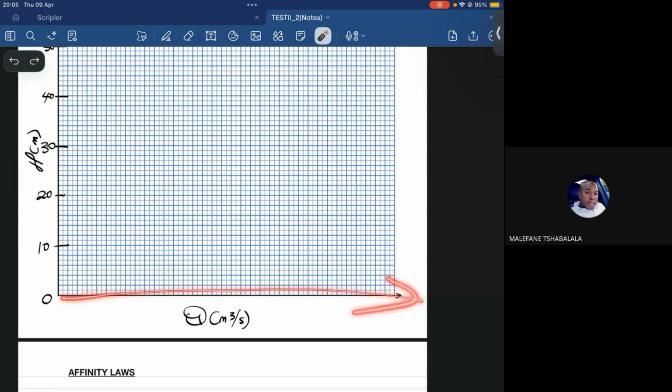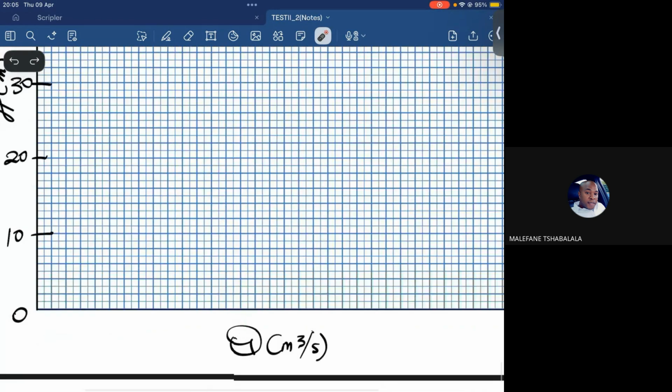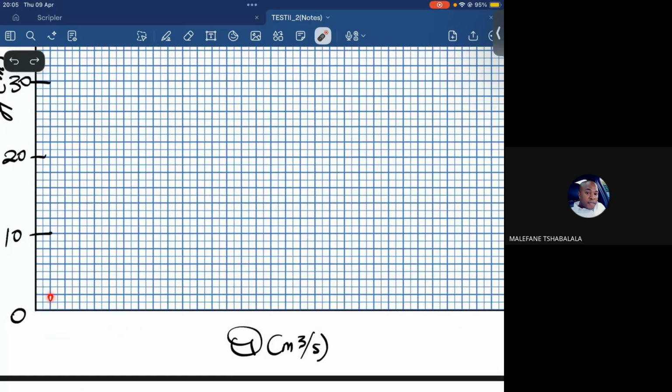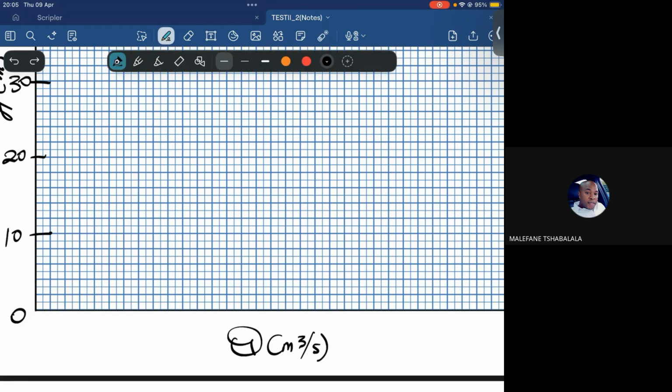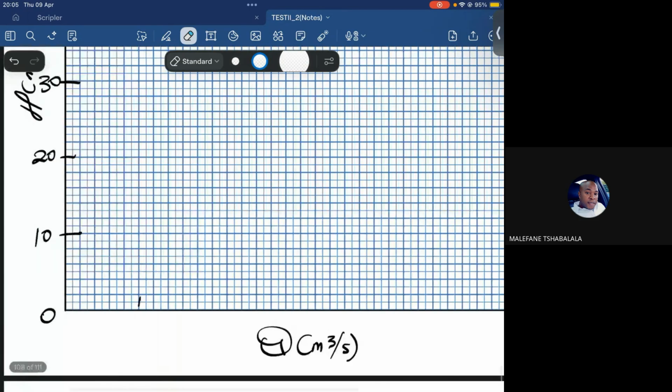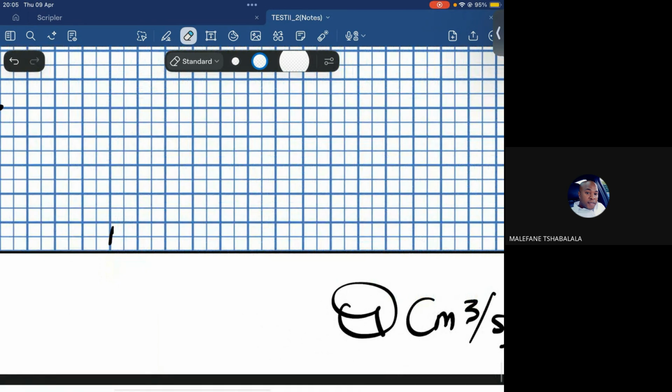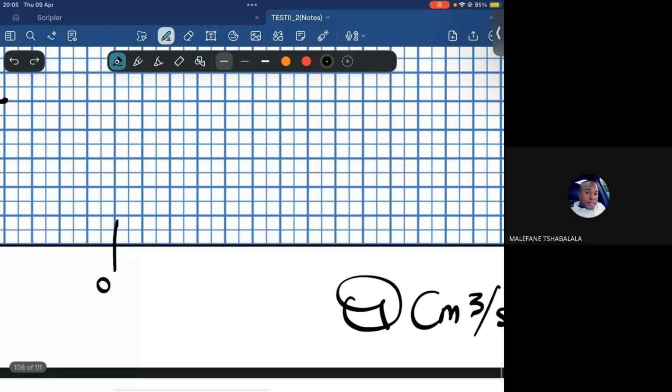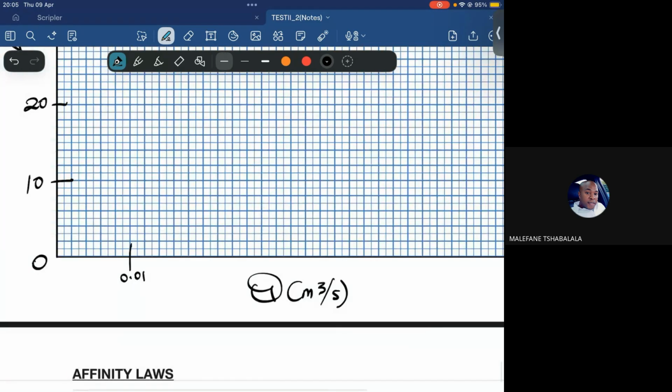Along the x-axis, starting from 0, we'll count 5 minor vertical grid lines going towards the positive x direction: 0 here, then 1, 2, 3, 4, 5. Since we're using an equidistant scale of 0.01, this will be our first major vertical grid line at 0.01 cubic meters per second.